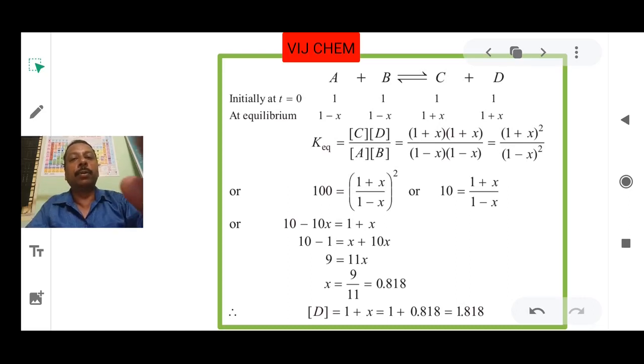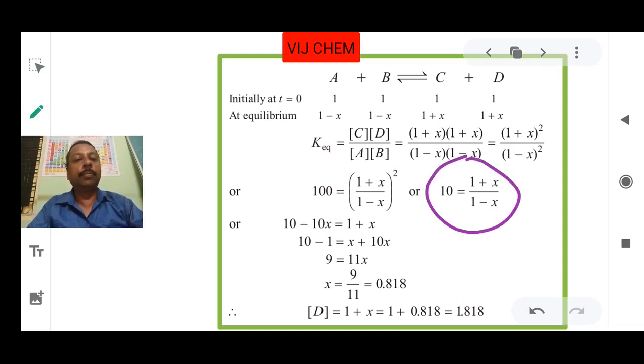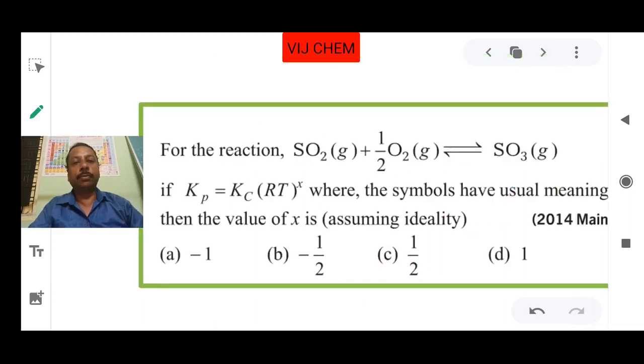Applying the square root on both sides, you will get this value. Okay, so on simplification, x we got is 0.818. But the question is about D, 1 plus x, 1 plus 0.818, 1.818. This is the answer.